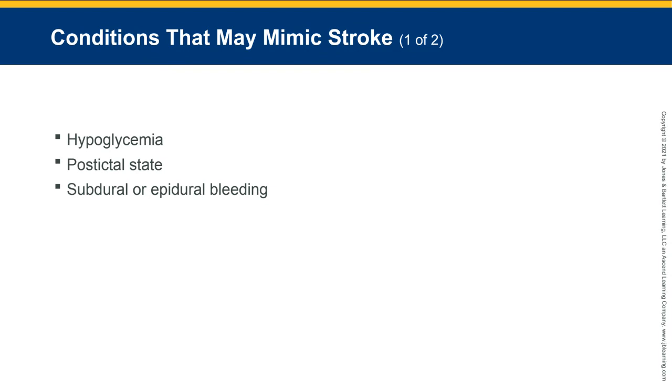So it occurs very fast. If bleeding starts to occur underneath the dura, but above the arachnoid layer, that's going to be referred to as subdural hematoma, or subdural bleeding.